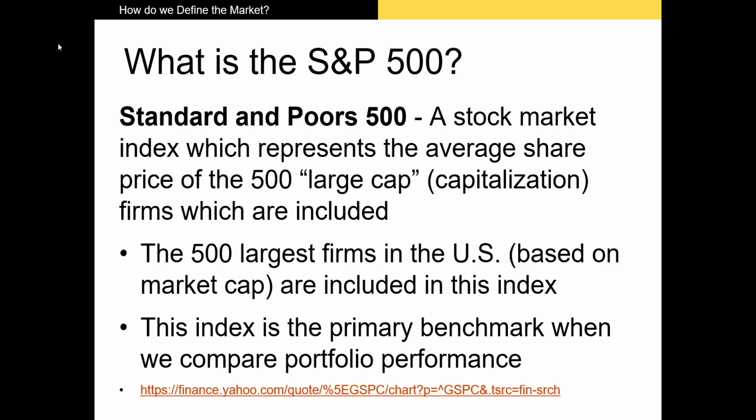So Apple, Google, Amazon, those large tech companies are going to have larger weights in the portfolio than, let's say, a company like Caterpillar, or a smaller company, or a company that has a smaller market cap than our large tech companies. Now, we use the S&P 500 index because it accounts for approximately 90% of the total market cap of all listed stocks in the United States.